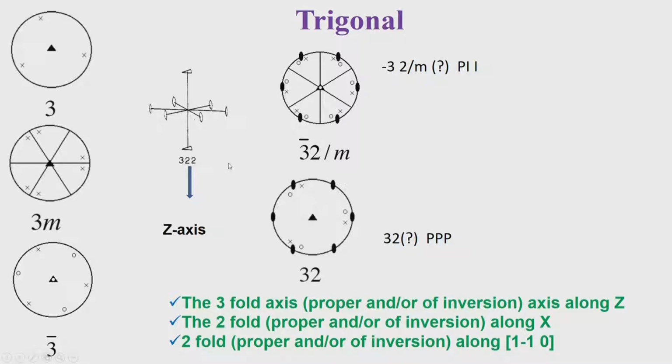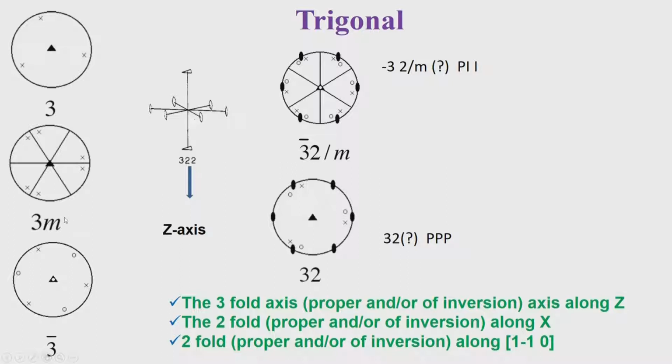So, here is an example where we see that there is a standalone 3, a standalone 3 bar, and then we have here 3m. Essentially it means that it is a proper and an improper combination.